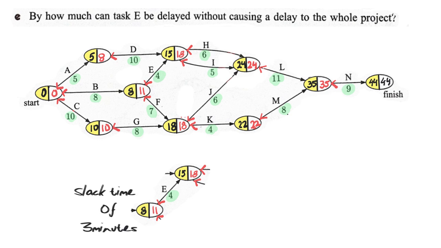And when we look at this node over here, we find that E can finish either at 15 or at 18. So there is also a slack time of 3 minutes here. In other words, E can be delayed without causing a delay to the project by 6 minutes. 3 and 3.